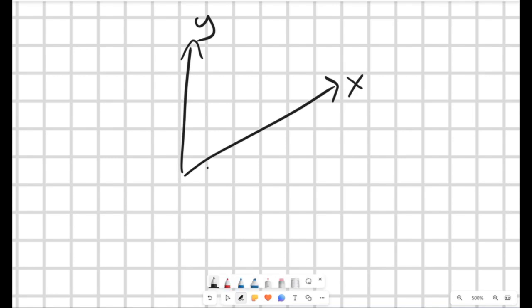Then if you draw some dashed lines here, this is a right angle, then this vector here, which we're going to call P, is the projection of y onto x. In other words, it's the component of y that's acting in the x direction. By definition, P points in the same direction as x, so this is equal to a constant that we don't know multiplied by x.